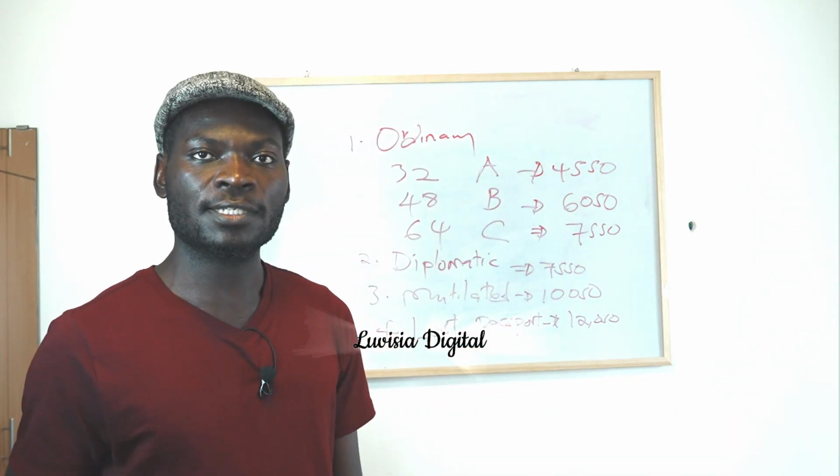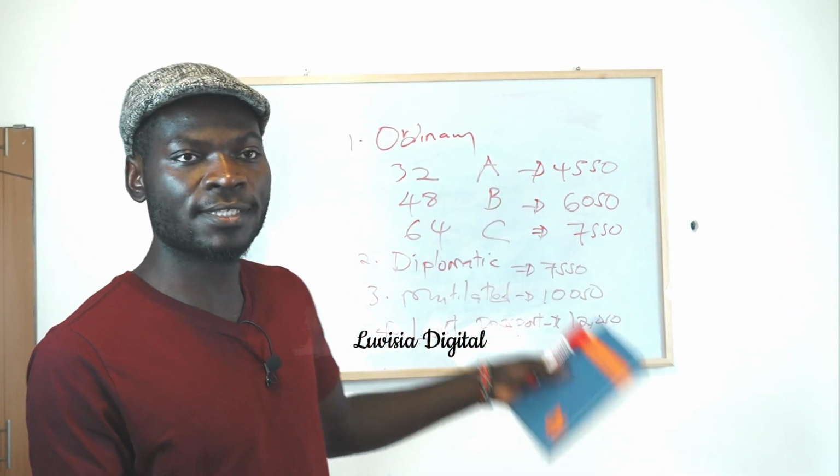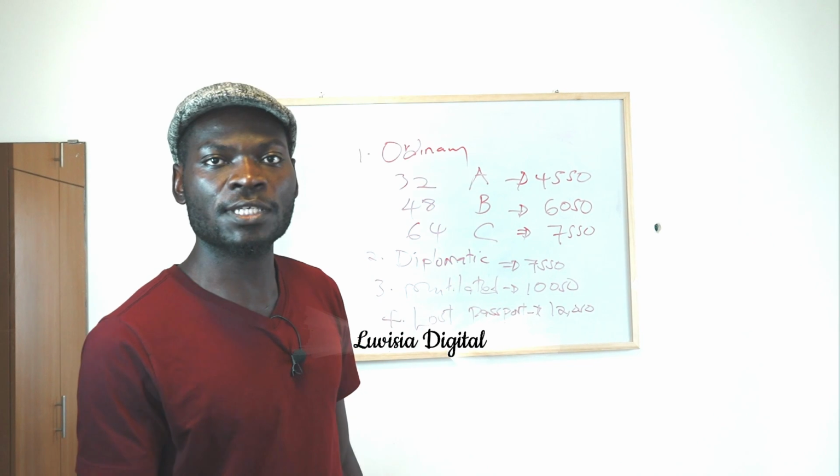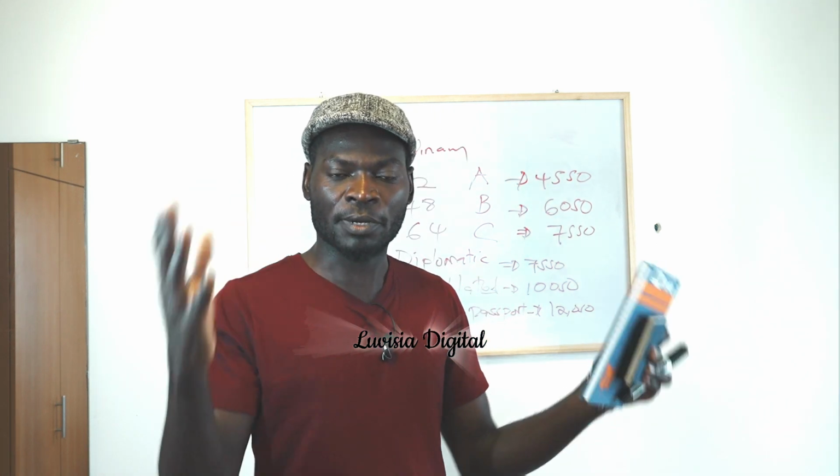Once you complete that step, you'll have to pay the required fees based on the passport of your choice. If you are applying for the 32 series, it means you will pay 4,550 Kenya shillings. Before that, there are documents which you have to attach during the online application form: your ID, both front and back, your signature, your parents' IDs or death certificates, and your passport photo.